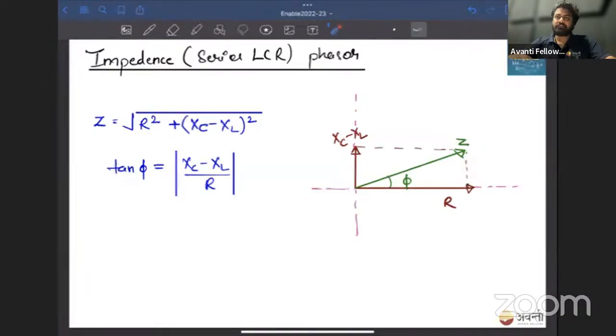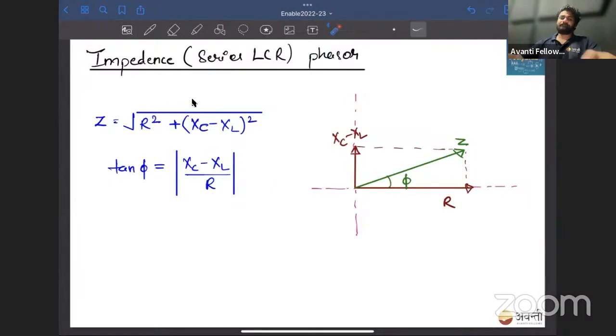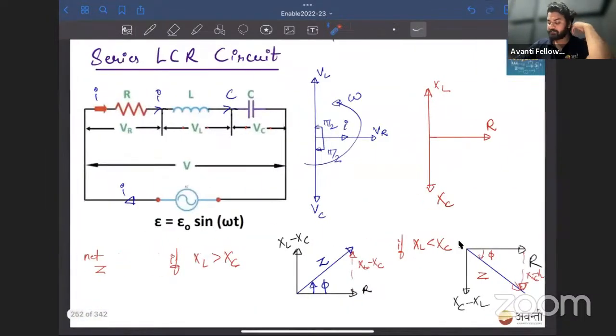Note it. Those who have not noted, look at the back page also.